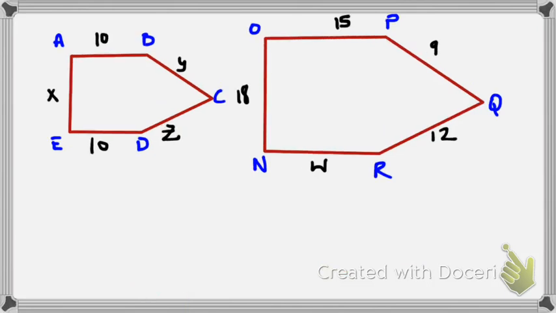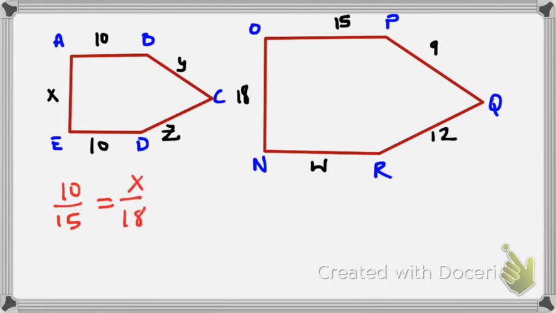Okay, let's go ahead and continue. Let's find X. Again, I'm just going to stay with 10 over 15 is equal to, excuse me, not 18 over X, it's going to be X over 18.